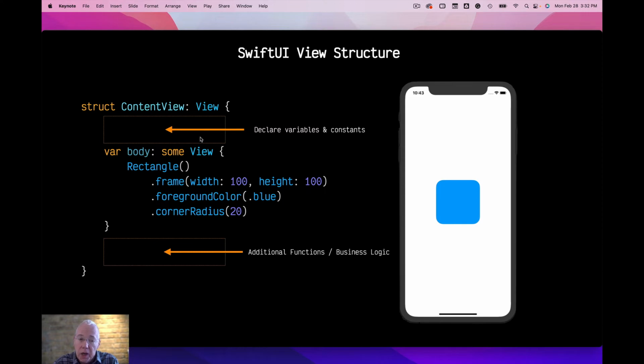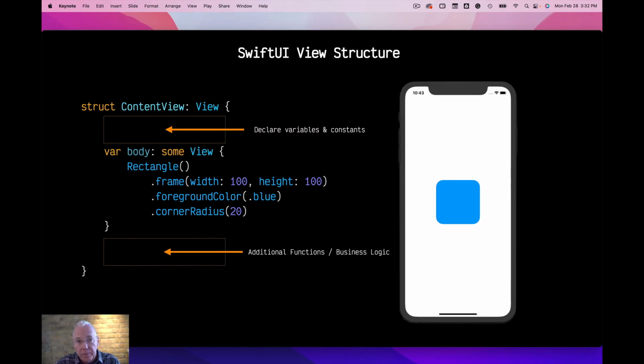Up here, we are going to use this area, and this is where you can declare additional properties of your content view. Just like any other struct, you can have as many properties as you want. We have to have the var body, which is required, but we can also add some additional ones up here.